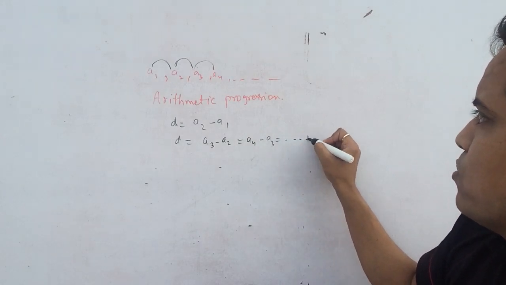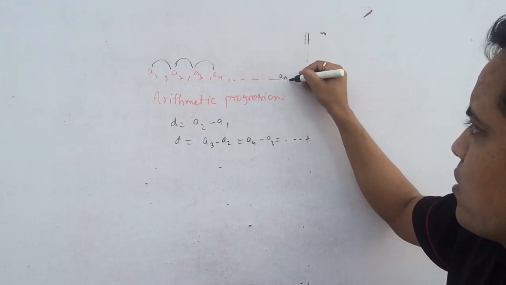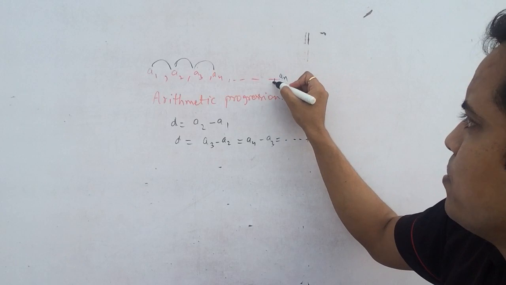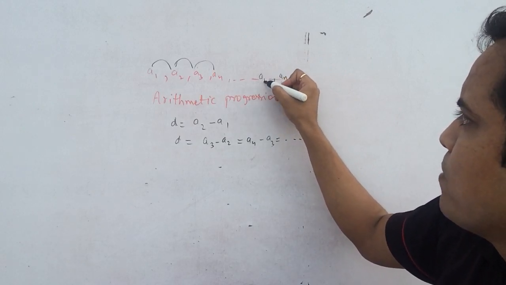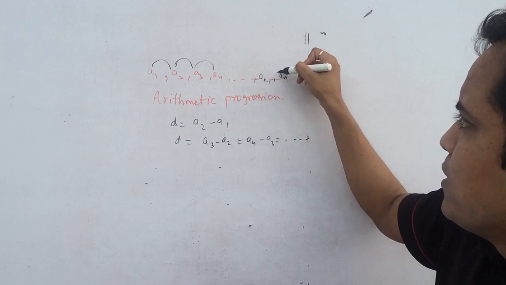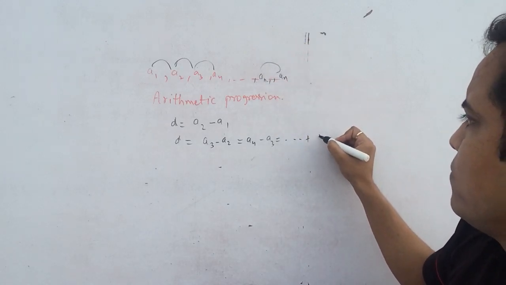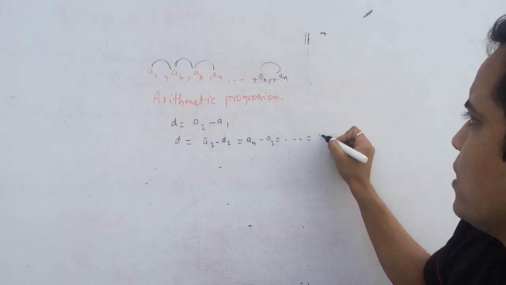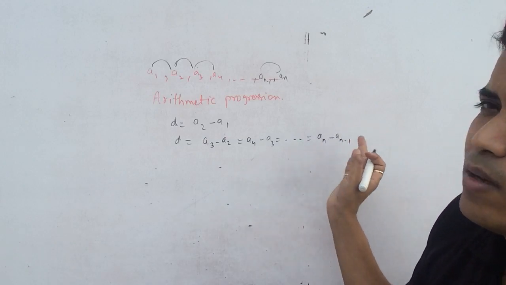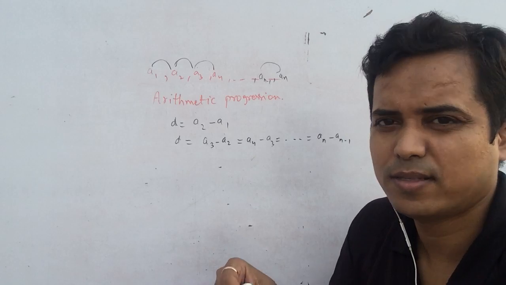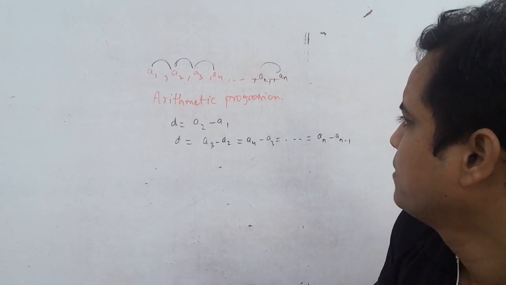And so on, if it has n terms, what will be the preceding term of an? It is an minus 1. So you can find the difference d equal to an minus an minus 1. This is called arithmetic progression.